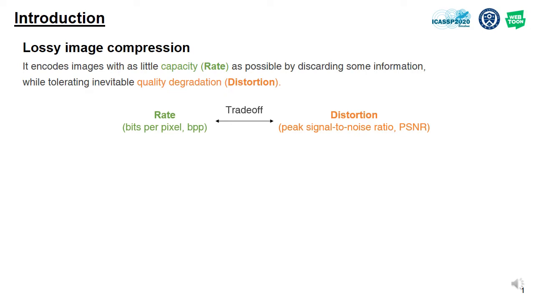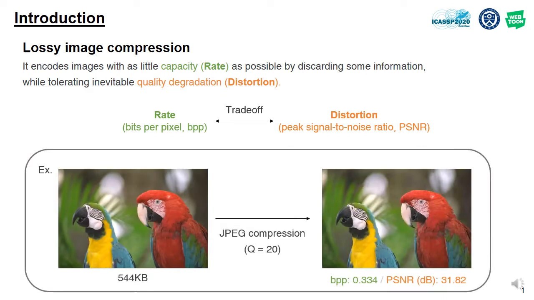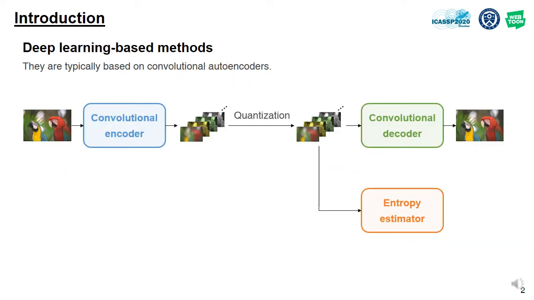For the conventional lossy compression, JPEG is the most popular one. This figure shows the example of resulting images after the JPEG compression. Recently, deep learning-based methods have been proposed, and they are typically based on convolutional autoencoders. This figure briefly illustrates the whole process of deep learning-based method.